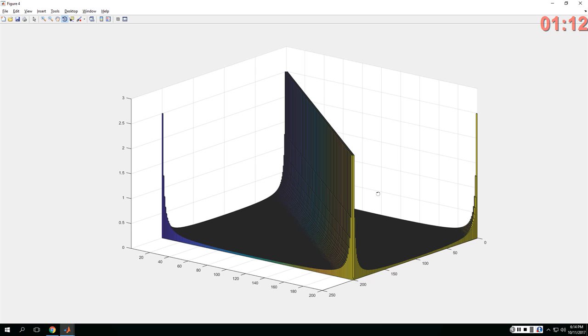So positive on one side, negative on another side. So it will be a discrete representation of the differentiation operator. Discrete representation of the derivative operator.